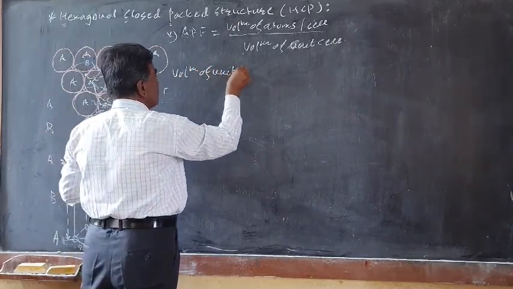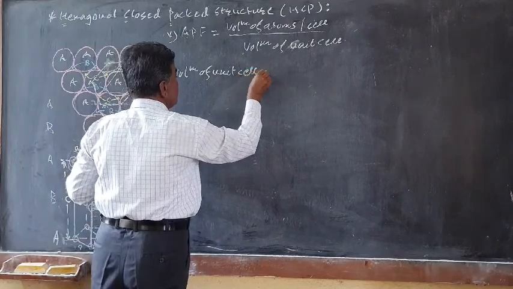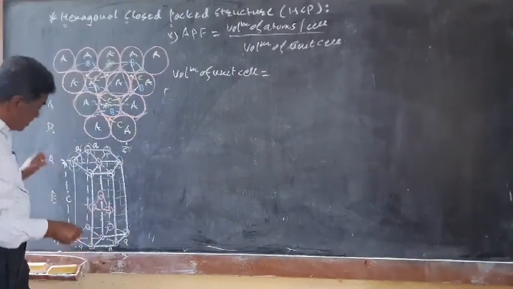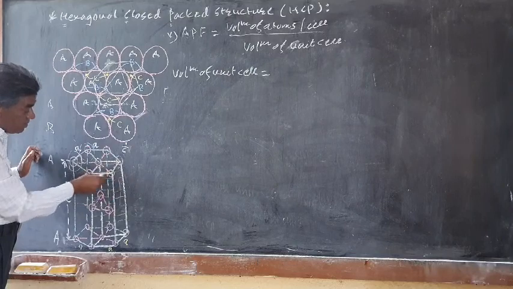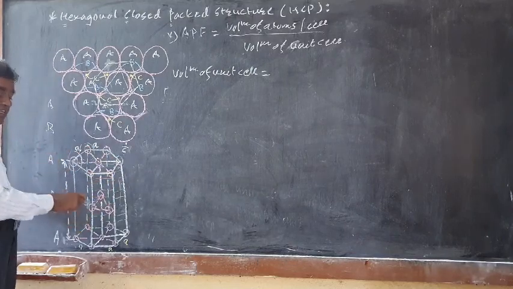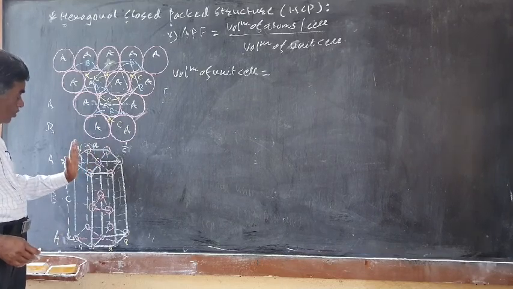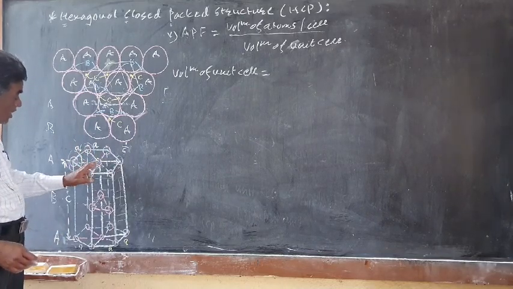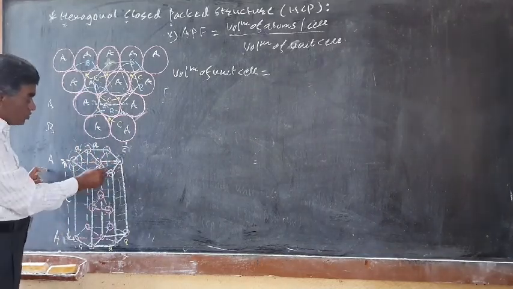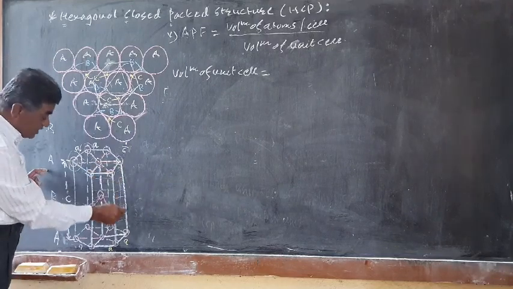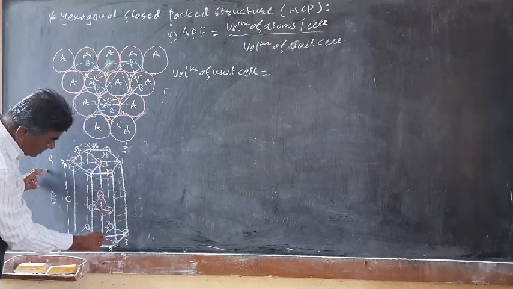In order to determine this, consider the primitive unit cell shaded here. The conventional unit cell, as we have seen earlier, is divided into three equal unit cells. One is known as the primitive unit cell, as given here. So consider this is the base.